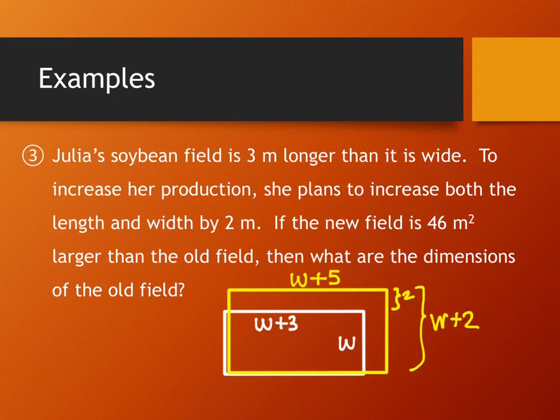Now it's W plus 2 and W plus 5. The other thing that it says is that the overall increase in production area is 46 square meters. So it's talking about this space right here. That space right there is 46 meters squared.